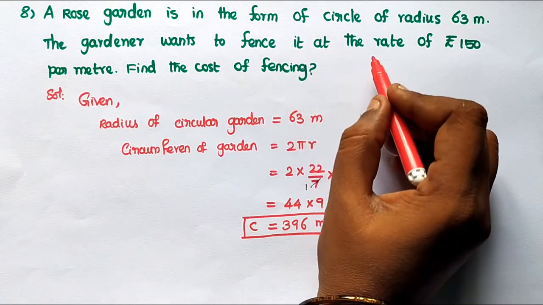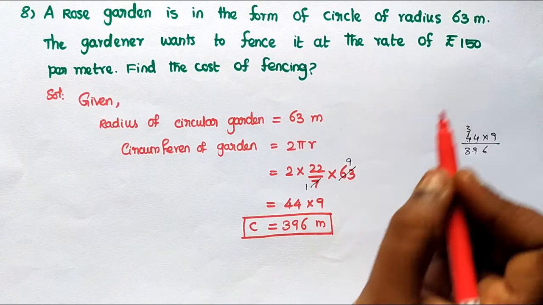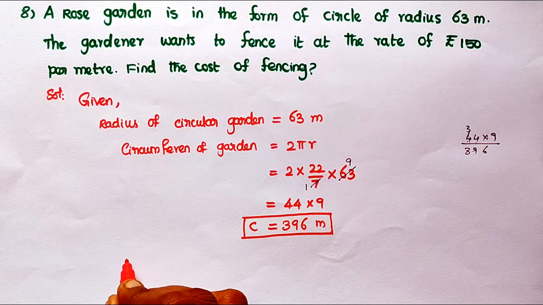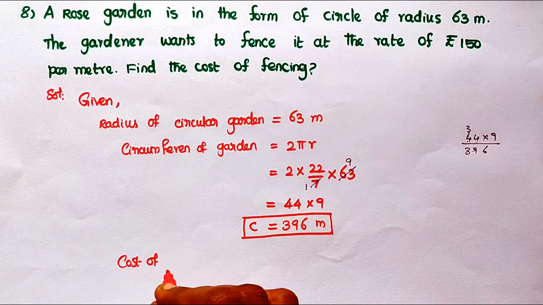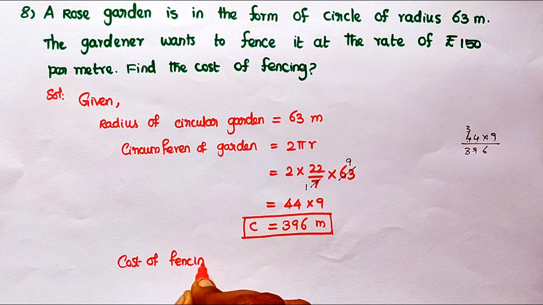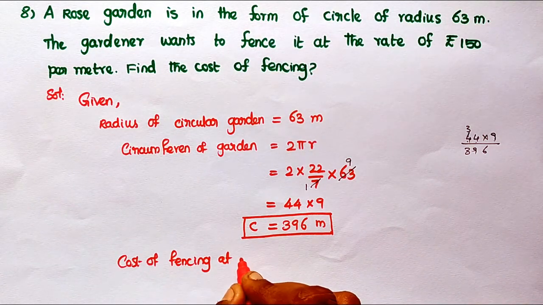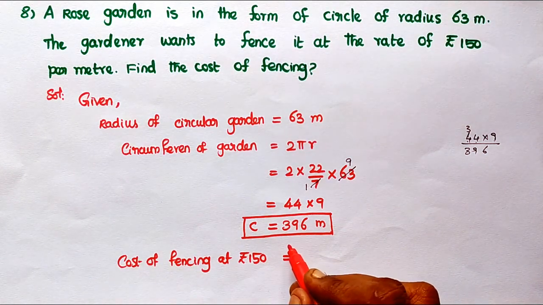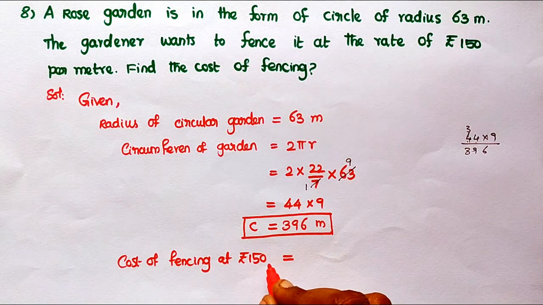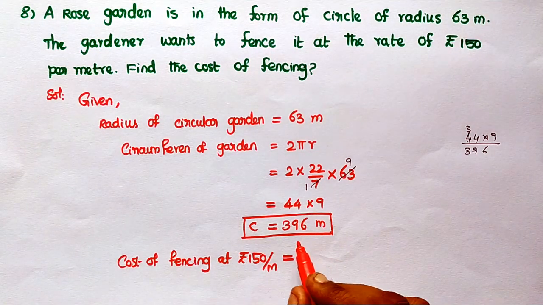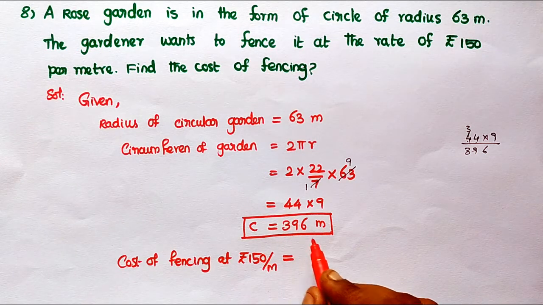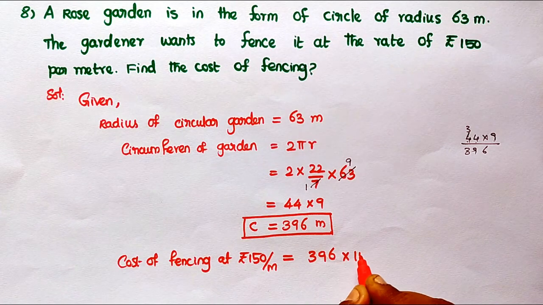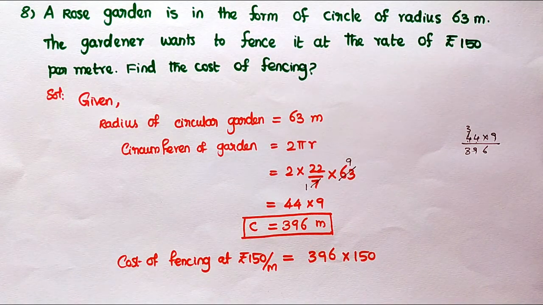Now fencing at the rate of rupees 150. So we want to find the cost of fencing at rupees 150 per meter. 150 rupees. How many meters? That is 396 meter. So 396 into 150.